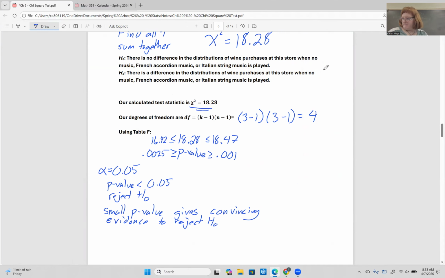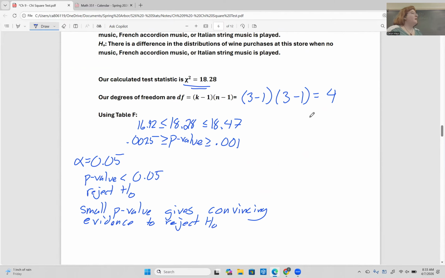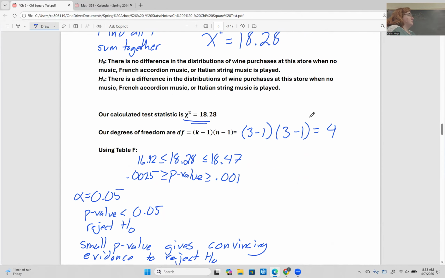Pull that up. In the context of our problem, what can we then conclude? Music makes a difference. There is a difference in those distributions. If you were somebody running the supermarket wanting people to buy more stuff, you would want to know that the music you're playing is making a difference.